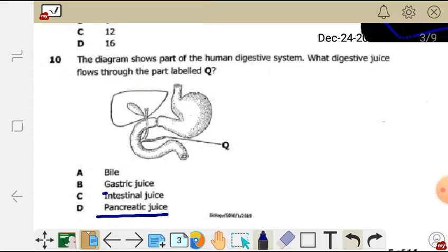The gastric juice is in the stomach, that's where gastric juice is produced. Intestinal juice is in the intestines, but the pancreatic juice is produced by the pancreas. So the correct answer here is D, pancreatic juice.